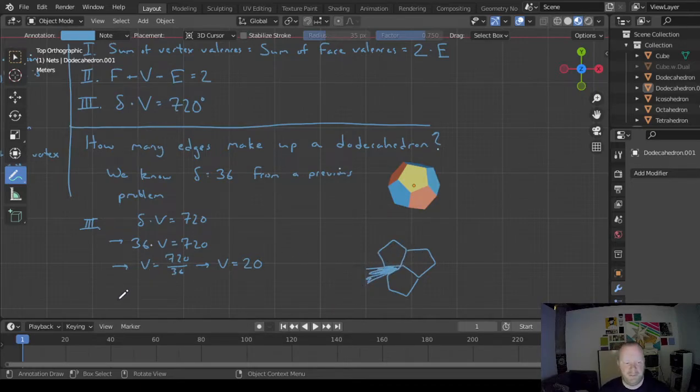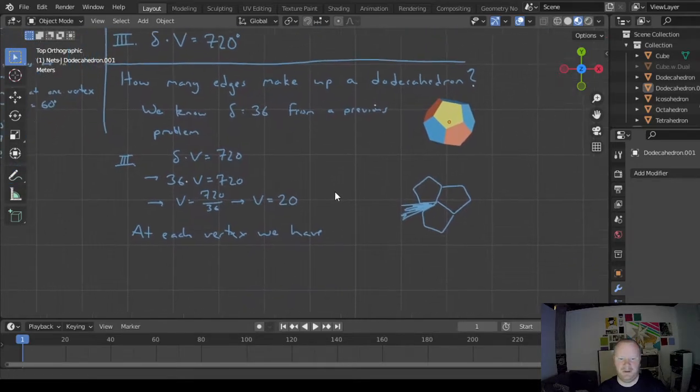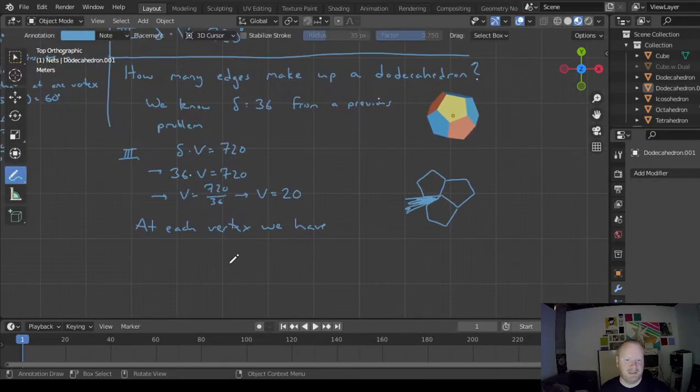So at each vertex, we have three pentagons. So I'm going to put that on a new line here. We have three pentagons meeting.